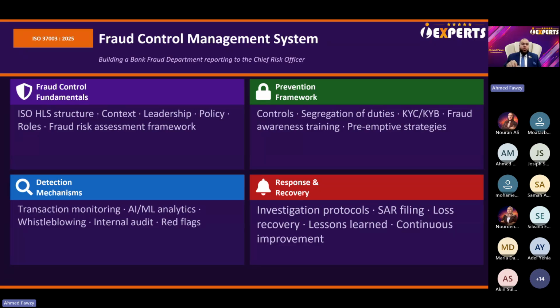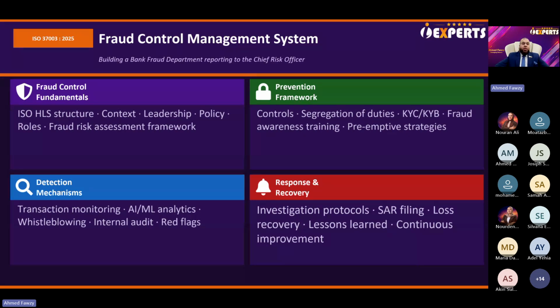It also includes how you can make a report for the authorities to have everything in place. So we can call it a great framework, including the detection mechanism, which we will go into in detail, in addition to the response and recovery.